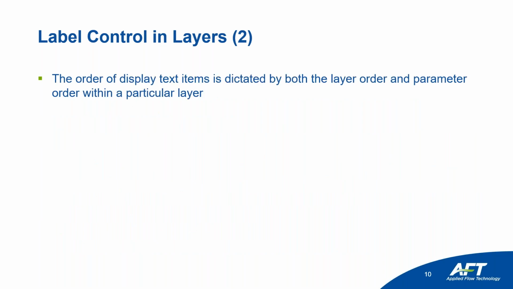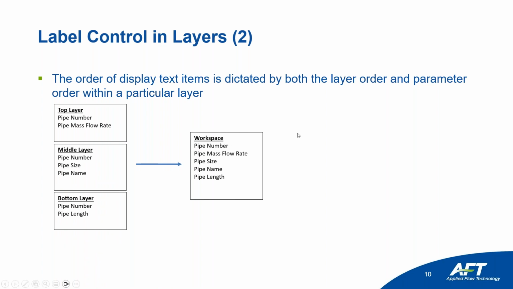The order of display of the items is dictated by both the layer order and the parameter order in a particular layer. So let's see this example here. We have 3 layers: top layer, middle layer, bottom layer.